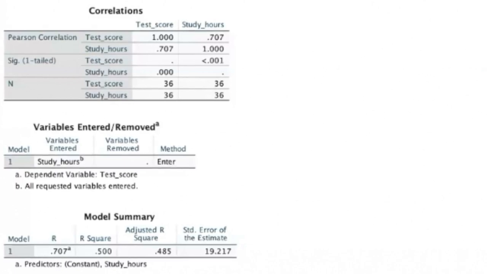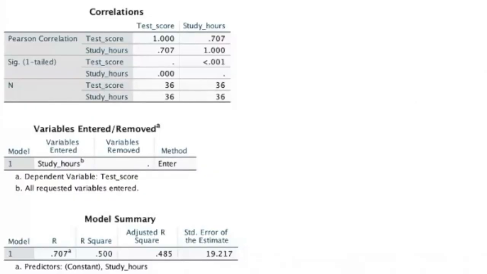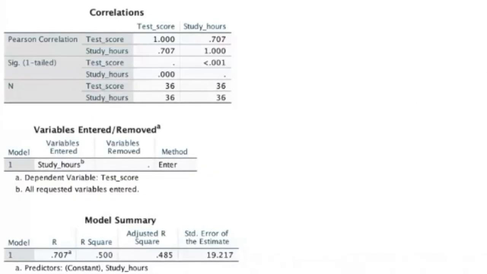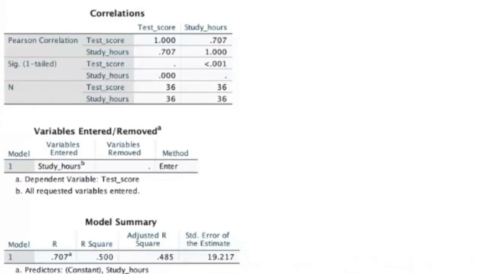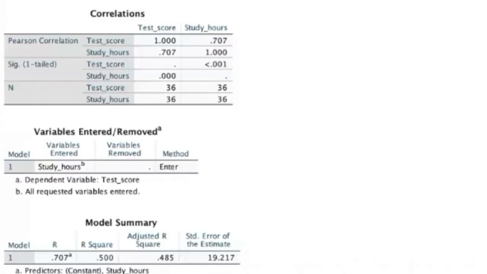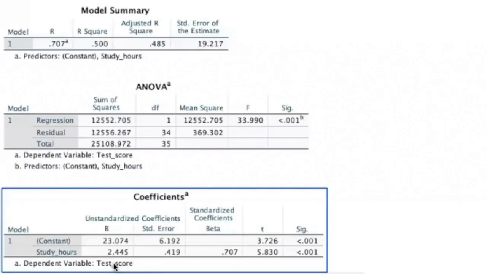We might need r-square, so here we see it's 0.5. Later on, we'll need this number that says standard error of the estimate. So that says 19.217. So we're going to need the standard error of the estimate for understanding how good we are at making our prediction. And then we're also going to need the equation of the line.